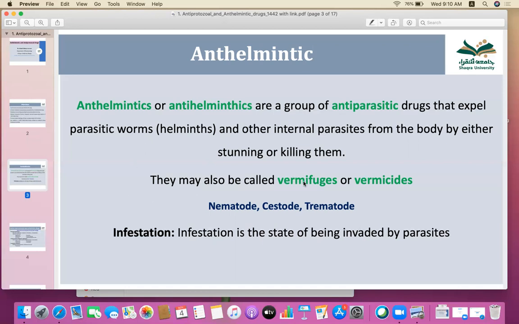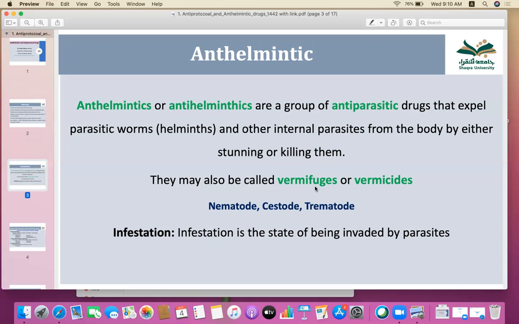We can also say vermifuges, or vermicides. Vermi means worm. Cides means which kills, or fuges means stunning, or expelling from the body. That's why it is termed vermifuges.